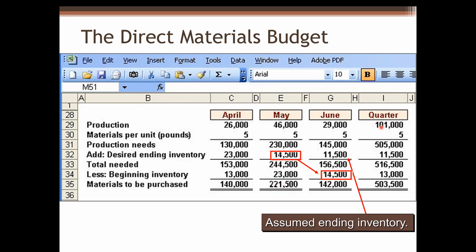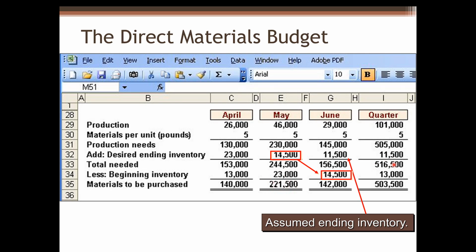Now for the whole quarter, total units 101,000 multiplied by 5, we get production needs 505,000. Or if you add up the 3 months' production needs, you get the same number. Ending inventory for the quarter is the ending inventory in June, 11,500.